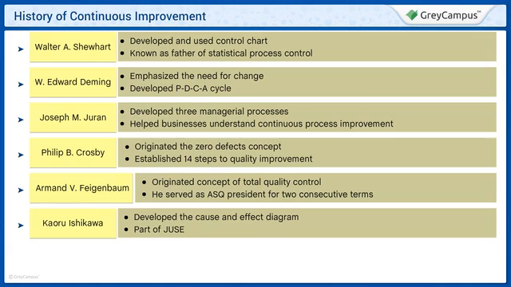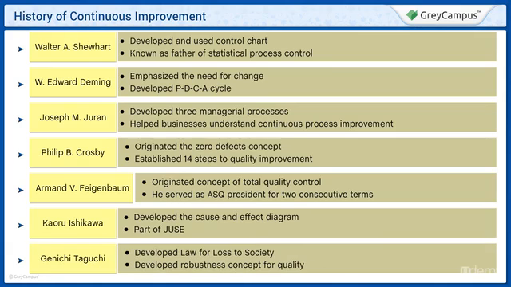He worked with Deming through the Union of Japanese Scientists and Engineers, JUSE. Genichi Taguchi taught that any departure from the nominal or target value for a characteristic represents a loss to society. He also popularized the use of fractional factorial experiments and stressed the concept of robustness.